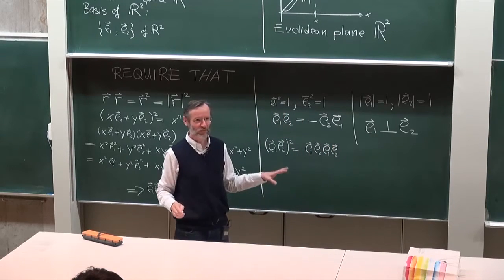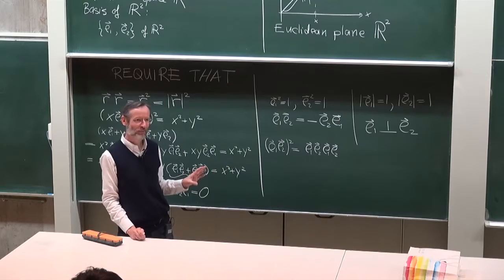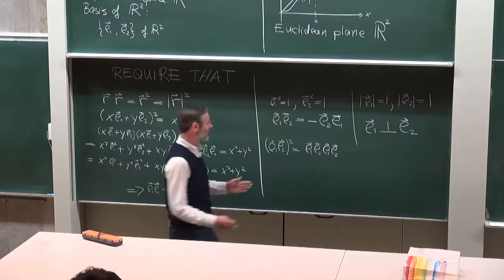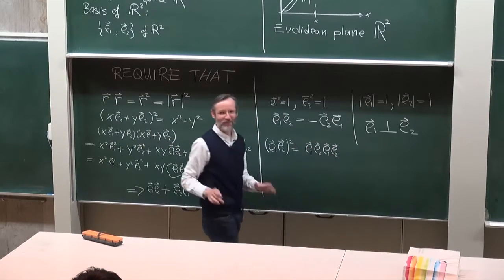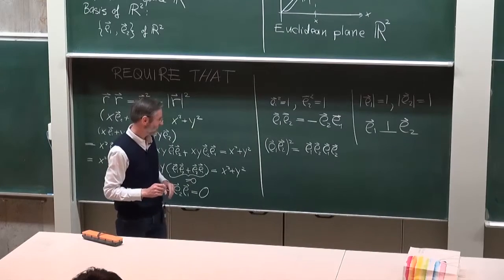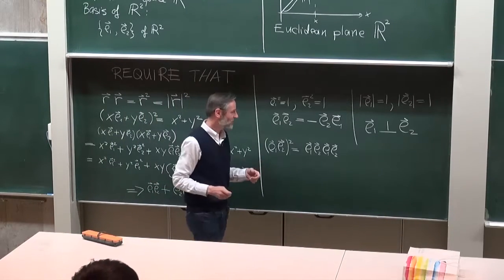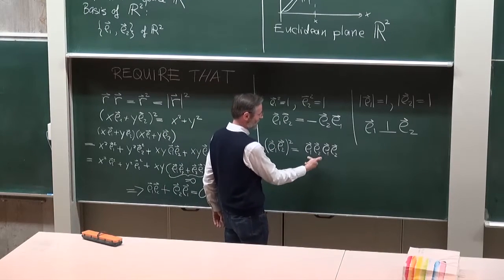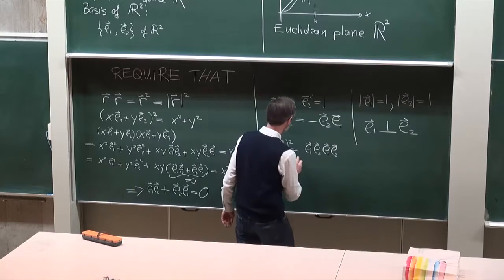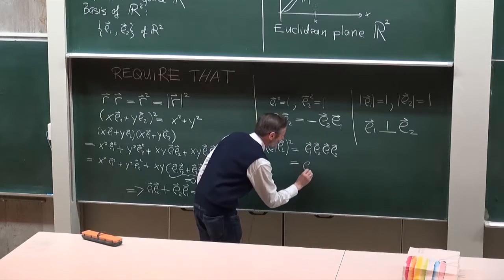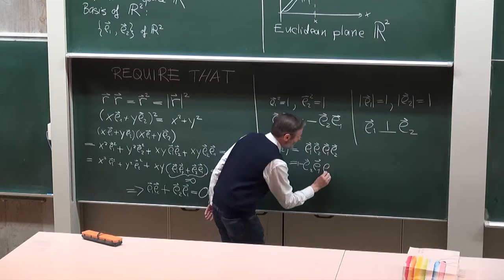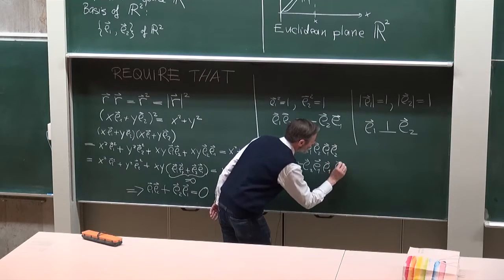And in this new product, I do not need brackets because I have also requested it to be associative. Now, what I can do is to use this property. So I can change the order of E1 and E2 by changing the sign. I just apply this property. So I get minus E2 times E1 by changing the order here, times E1 times E2.